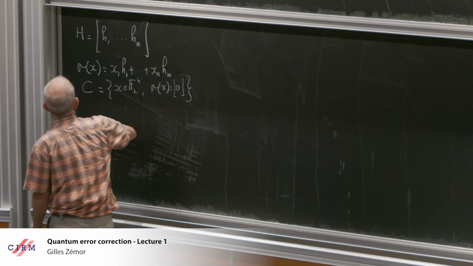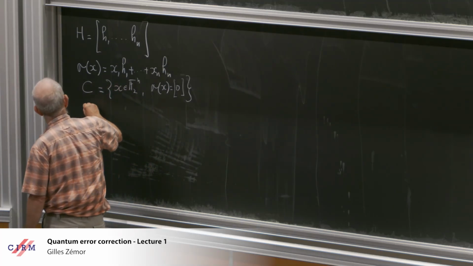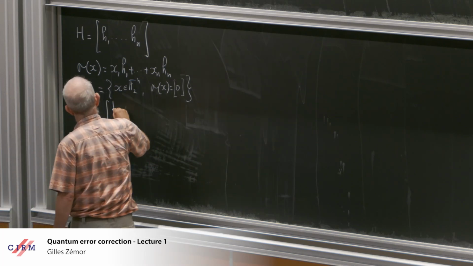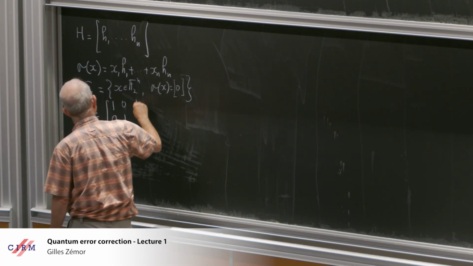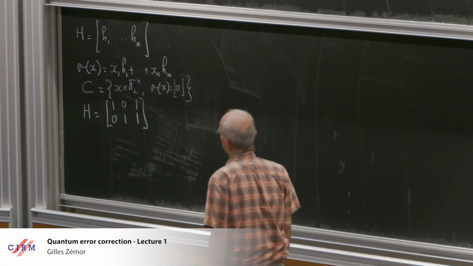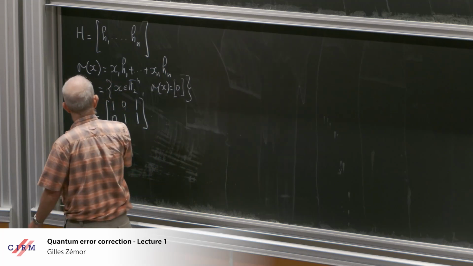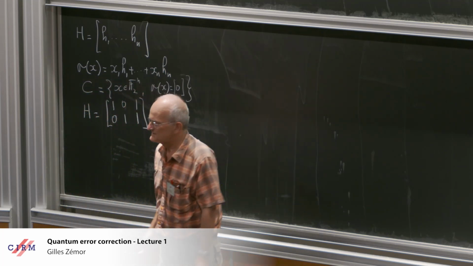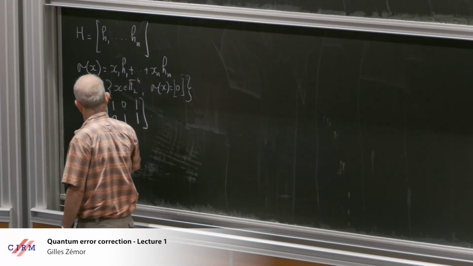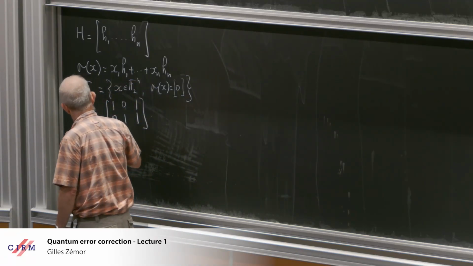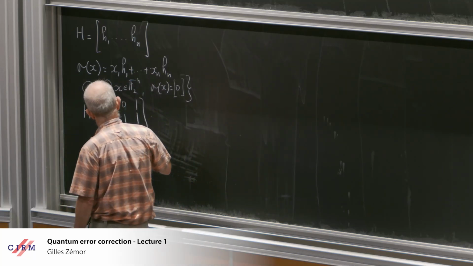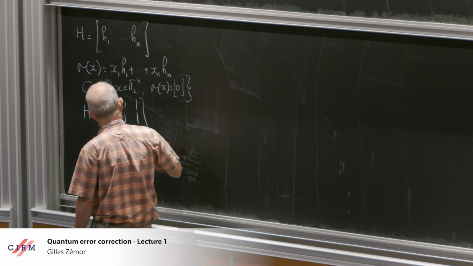So in the very simple repetition code example, you can introduce this little matrix. And you can see that the set of vectors which have zero syndrome is just the all zero vector, which is always there, and the all one vector.